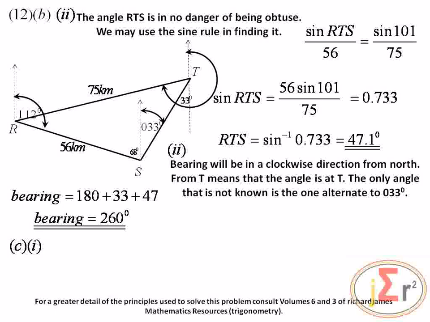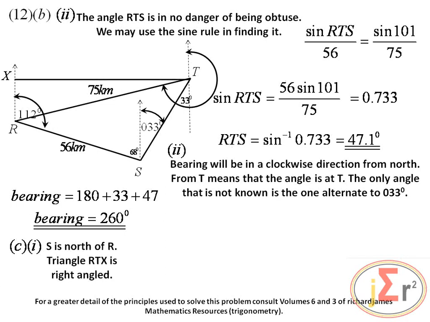The ship leaves port T and travels due west to a port X, which is due north of R. So we know that the ship is going to go like this until it is north of R. So let's show that. X is north of R. Triangle RTX is right angled.